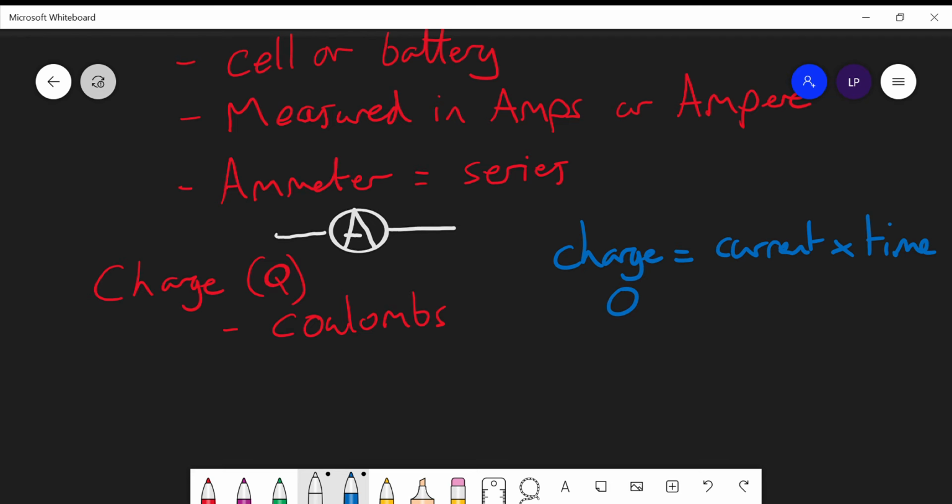So Q is equal to IT. So if we know the time our current is running for and the current, we can determine the charge. If we know the charge and the current, we can work out how long our circuit's been running. It's a very useful equation.